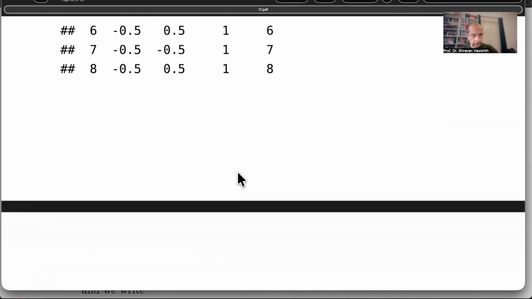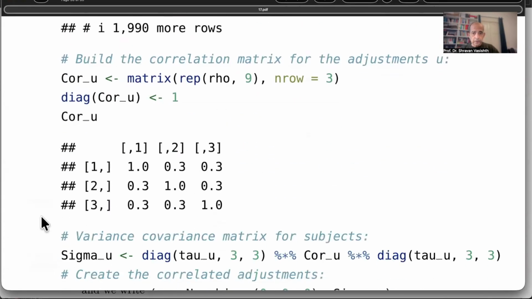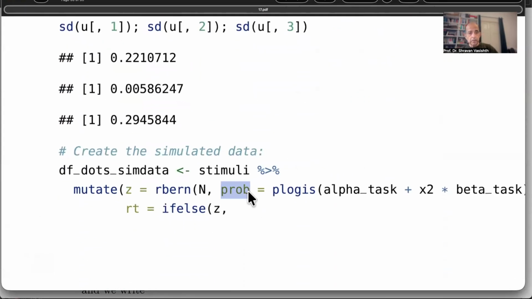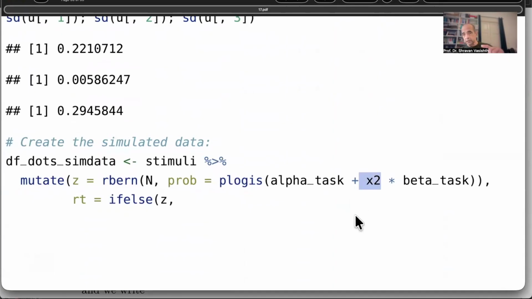I went through it rather quickly. So here's the beta task from the log odds that we defined, and the alpha task log odds that we defined in terms of the probability of task engagement, which we had specified here. We are generating a vector called prob, and a vector called z that contains ones and zeros as a function of instruction.